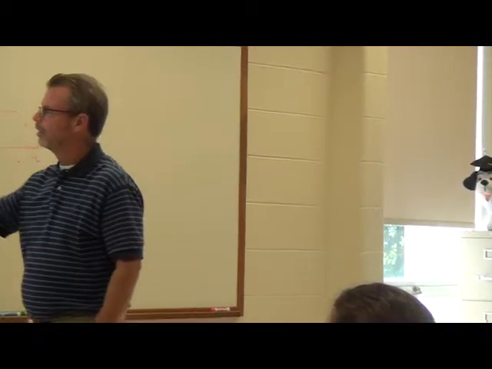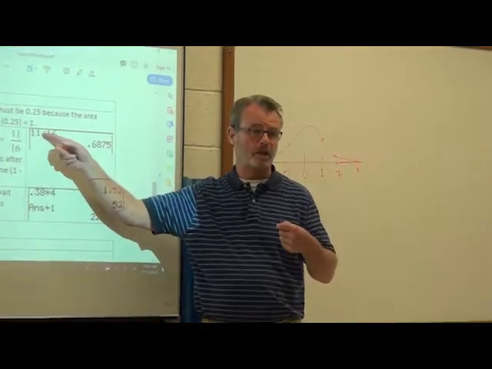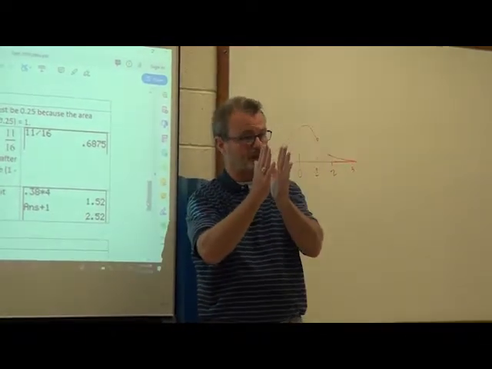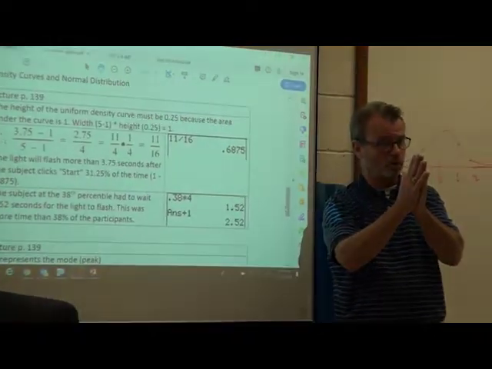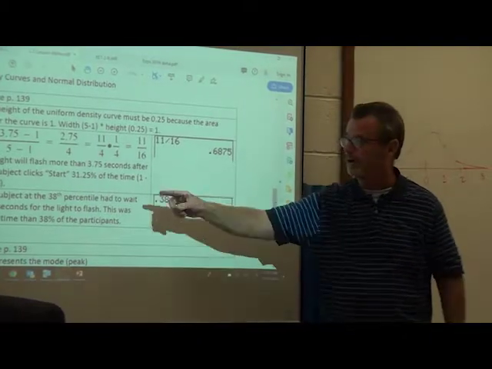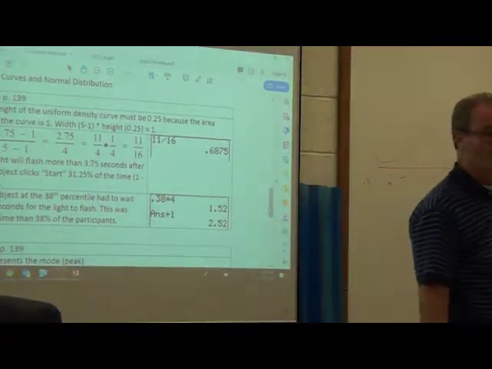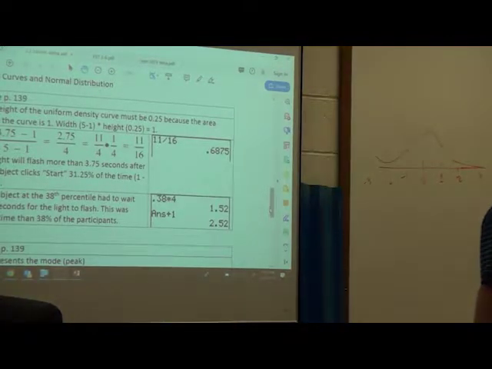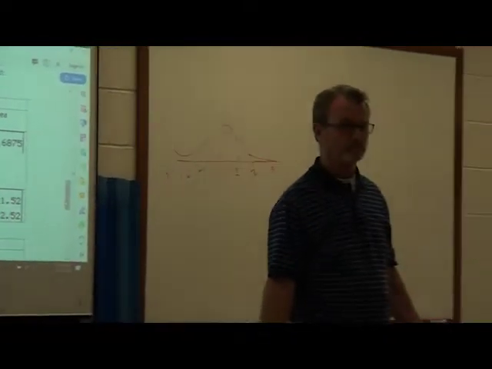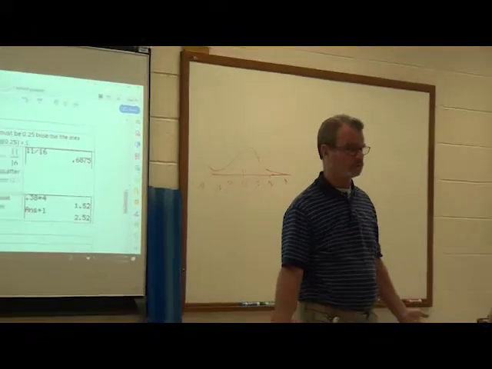Which would be more than that if you want to take away this, because 11 sixteenths is up to that cutoff, which would leave you 5 sixteenths to the right, and 5 sixteenths is 31.25% of the time. Does this make sense to you?